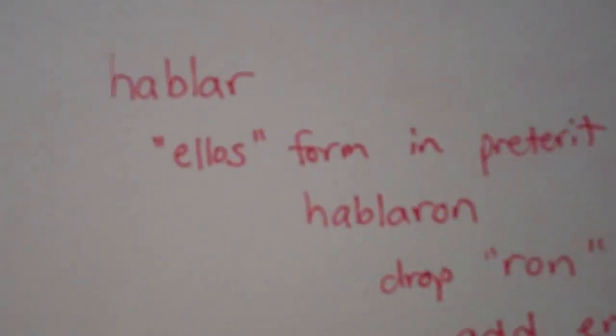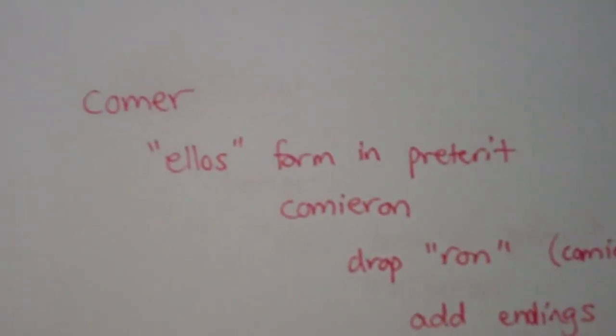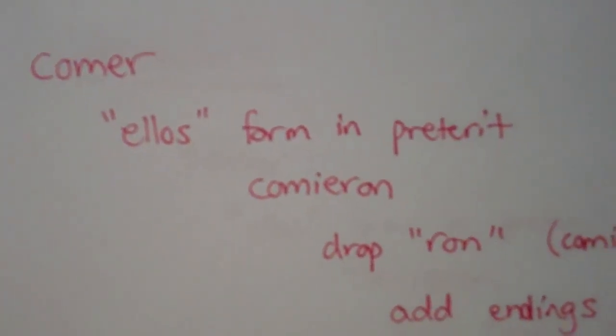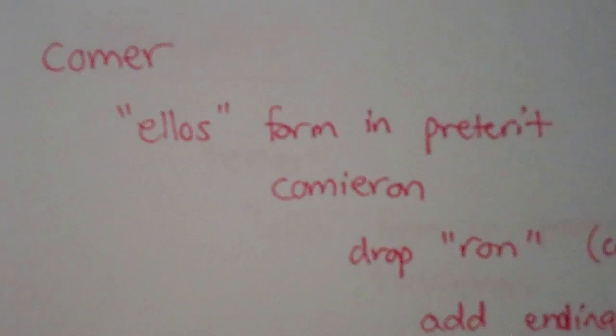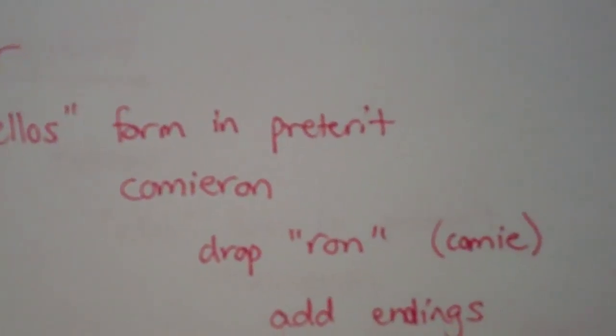But we can take any verb, form it in the ellos form in the preterite, drop the ron ending, and add our imperfect subjunctive endings, and we can get there. So let's take the verb comer, typical ER verb. We'll take our ellos form in the preterite, comieron. We'll drop our ron ending.